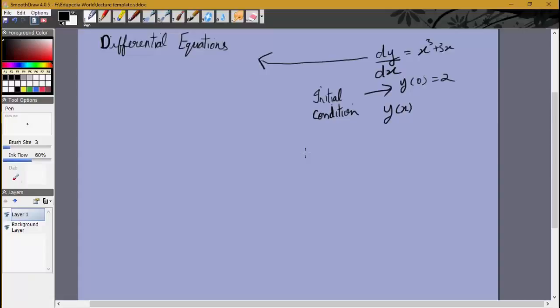Any relation between the current flowing through a wire and the charge flowing through a wire would essentially be a differential equation because current is the rate of flow of charge, right? So in real life we often come across quantities which are the rate of change of another quantity.